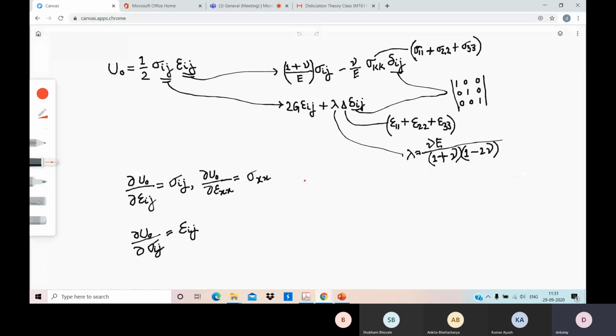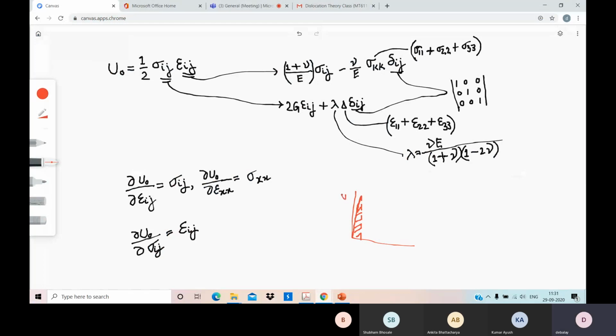So what is elastic strain energy? We know there is a stress strain curve, and the area under the curve, under the elastic region, if you draw a straight line from here, that area represents the elastic strain energy accommodated by the specimen, which is also called resilience.